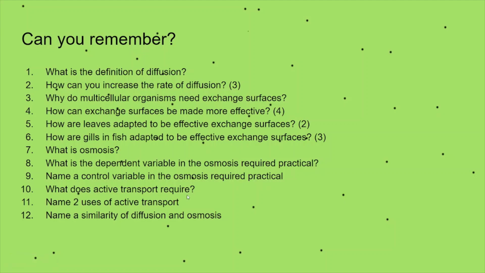Active transport requires energy and protein carrier molecules. Active transport is used to absorb minerals in root hair cells and digested substances in the gut in humans. And a similarity of diffusion and osmosis, that would be that they both move with the concentration gradient from an area of high concentration to an area of low concentration.